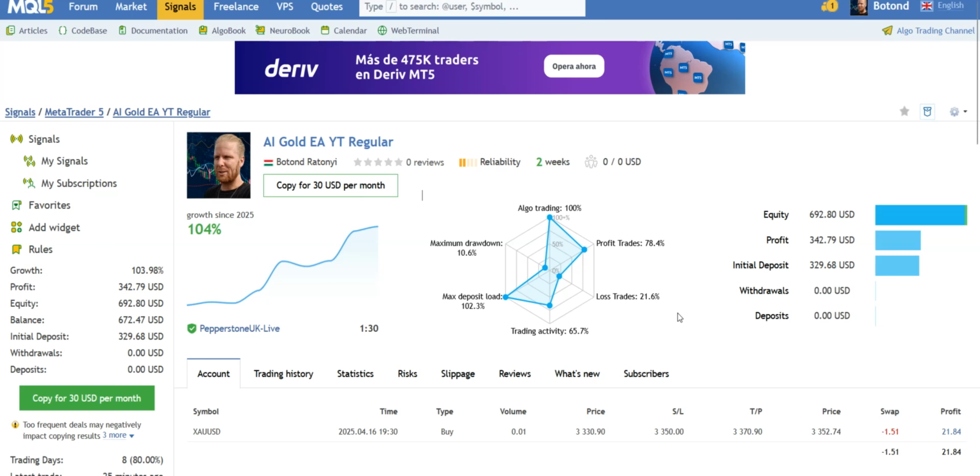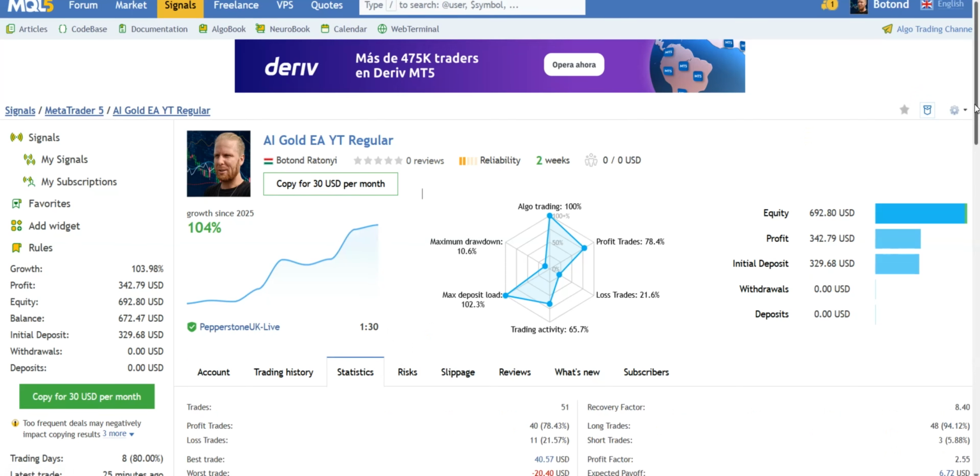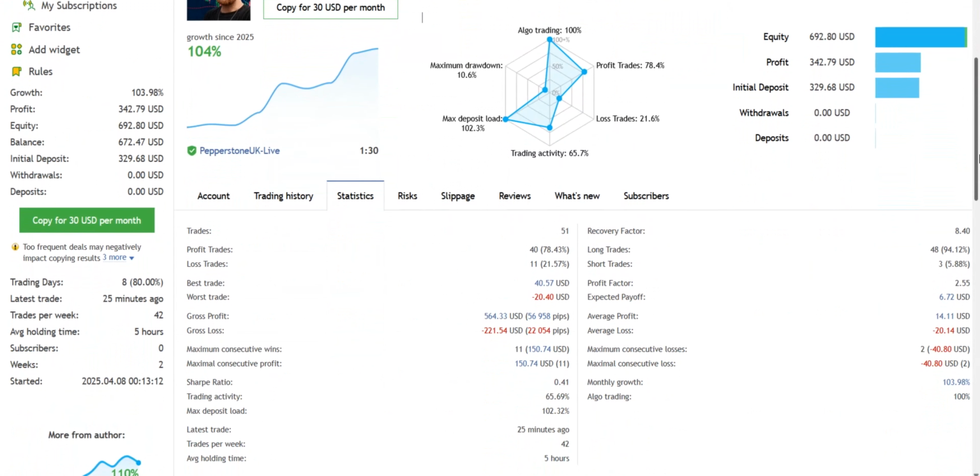So our statistics are pretty interesting, because we have a couple of trades, it's already 2 weeks, as I talked about in the other video, and now we have even more trades, of course. Still our best trade is way bigger than our worst trade.